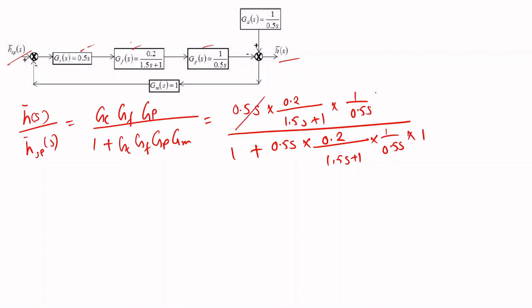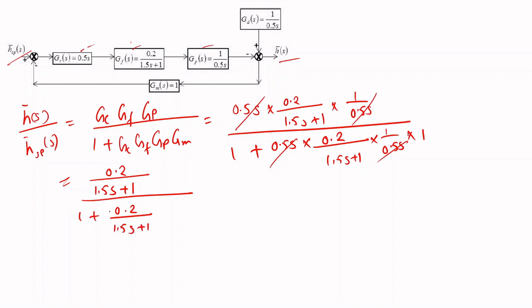So you can cancel this term, and then we can simplify this as 0.2 upon 1.5s plus 1, upon 1 plus 0.2 upon 1.5s plus 1. So this will become 1.5s plus 1 plus 0.2, and the denominator of both these terms will get cancelled out.